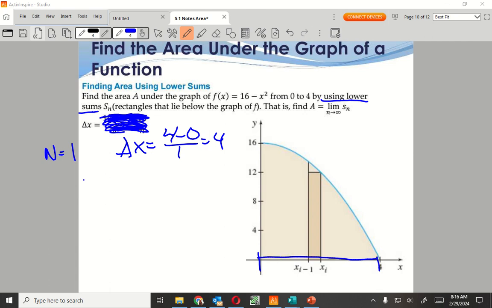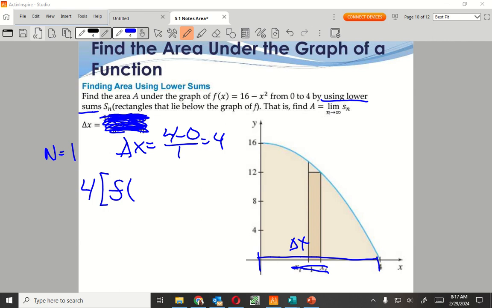So my delta x is 4 times f of what? F of x sub 1? No, you're not using these. What number are you using? Not 1, 4. Because right here is the x value, and this is your delta x over here.